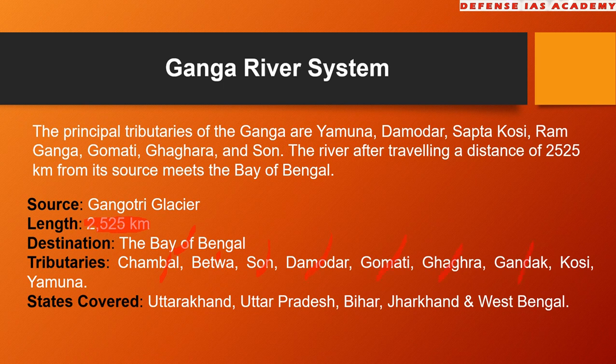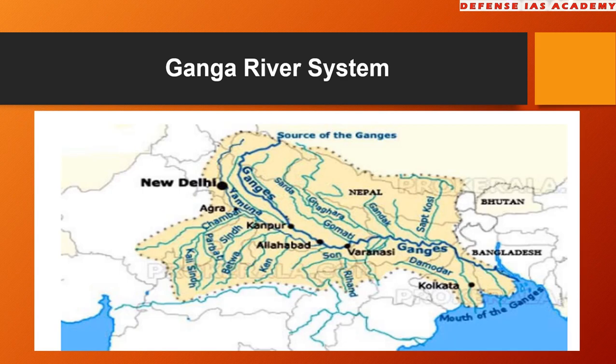Then the main tributaries are Chambal, Betwa, Sun, Damodar, Gomati, Ghaghra, Gandak, Kosi, and Yamuna. And in India, the states covered are Uttarakhand, Uttar Pradesh, Bihar, Jharkhand, and West Bengal. So 5 states are covered by the Ganga river system.